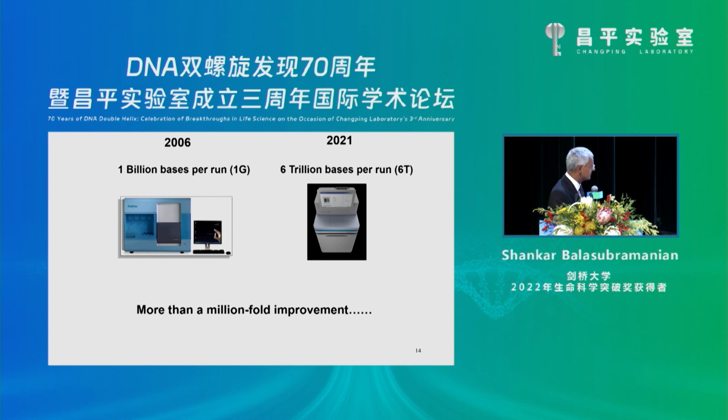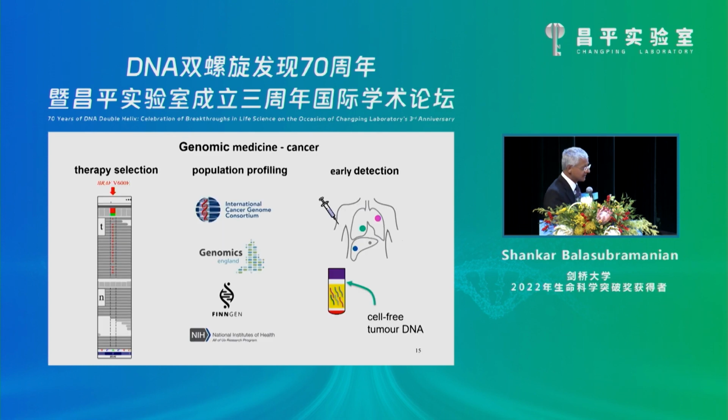And today, some of you will recognize this instrument. Now, this can sequence 6 trillion bases per experiment, or the equivalent of, I think, a 50x genome an hour in terms of throughput.